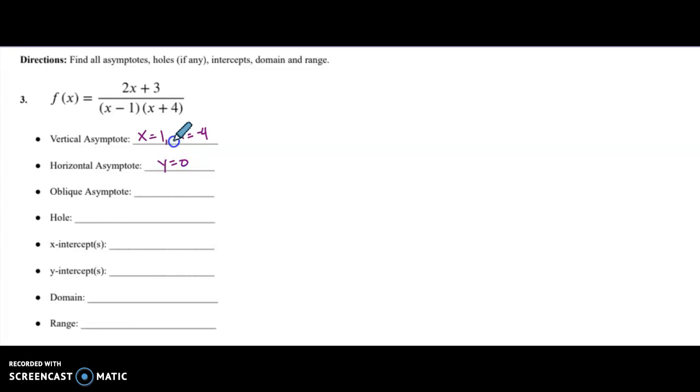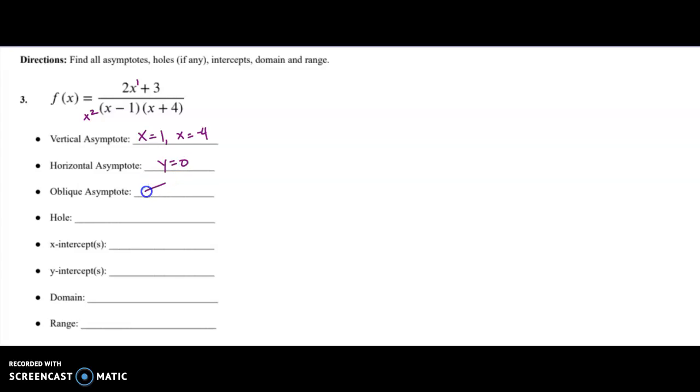And how do I know that? Because if you were to multiply the denominator, we know that that's going to be x squared, right? And so the degree in the numerator is less than the degree in the denominator. And so we said the horizontal asymptote is going to be y equals 0.